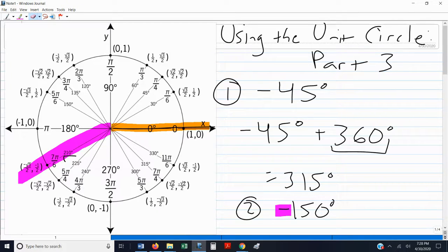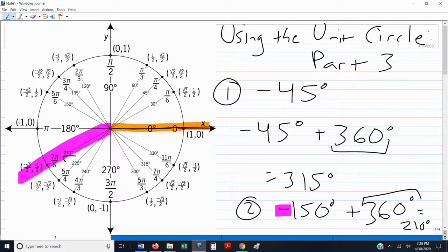The second approach would be that if you don't like working with negative angles, then you could add 360 degrees. And what happens when you do that? You get 210 degrees. So if you don't want to move in the negative direction, if you add 360, you'll find out that negative 150 is coterminal with 210.